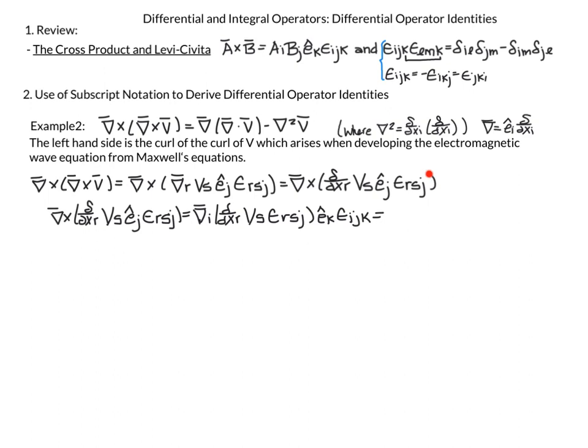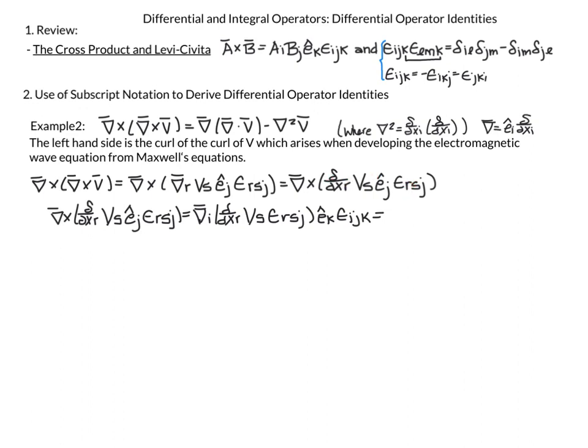So in other words, in this notation here, when I have d dx r, the rth component of my del, and then I have v s, that's my s component of v, then I'm going to have my E sub j, so I know I'm in the jth component, but my Levi-Civita already tells me this is the jth component. So I can just drop this j, and then it's understood that this is the jth component.